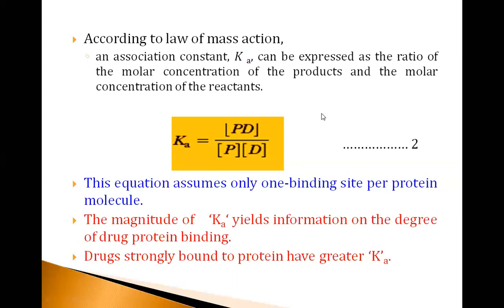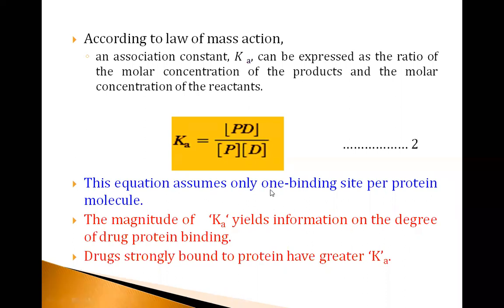This equation, whatever we are using for understanding the kinetics of the drug, is based on the assumption that only one binding site is present per protein, knowing the fact that the protein might contain more than one type of binding site, and a particular binding site might be present in many numbers also.